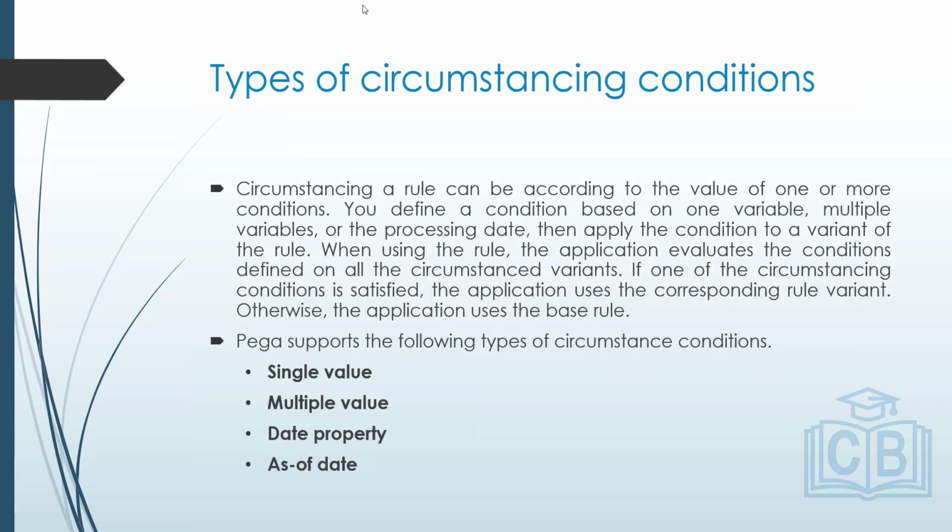I cannot keep on creating a rule for each of my special conditions. So instead, we are circumstancing the same rule according to the different business scenarios that are coming. I think we'll go ahead directly. We'll do this rather than discussing much. So we'll look at the circumstancing directly on the application.